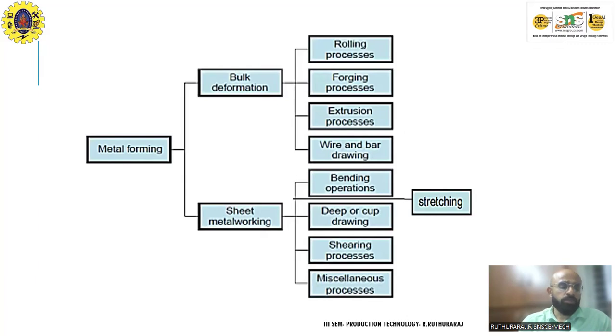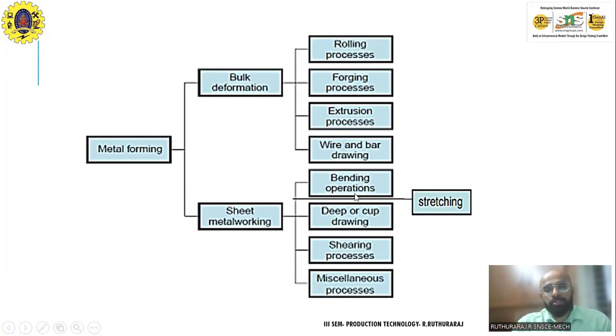Now let's get into the introduction again. Metal forming process can be classified into two major parts: one is bulk deformation and the other is sheet metal. In the same way, our unit is also classified. First, we will see the different bulk deformation processes such as rolling, forging, extrusion and wire drawing.